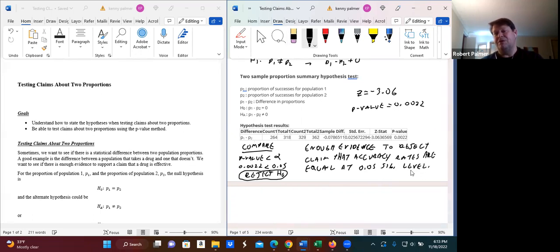So there's enough evidence to reject the claim that they're the same or equal. There's enough statistical evidence to reject the claim that they are equal.